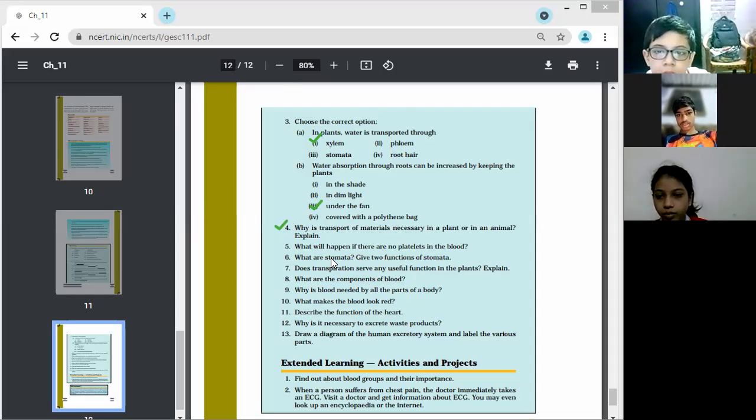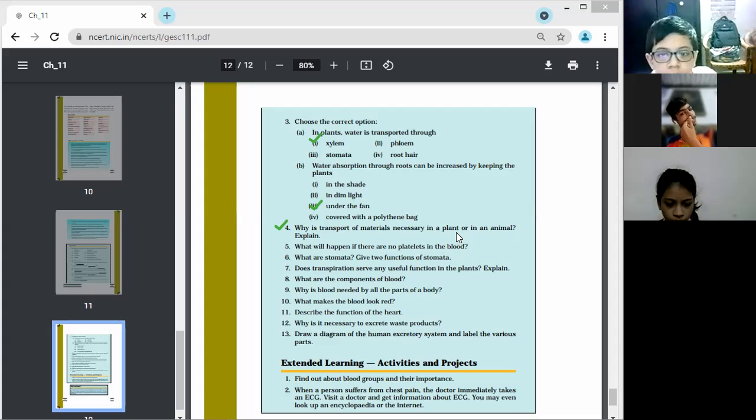If the transport of necessary nutrients and oxygen does not take place, the body will not be able to survive. So children, I hope this concept is clear to you, because the transportation system is required because in animals, oxygen and carbon dioxide should be released, and in plants, what's required?